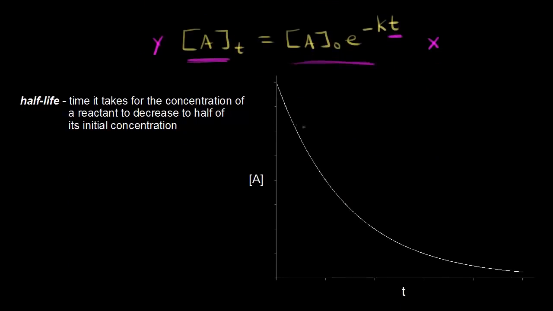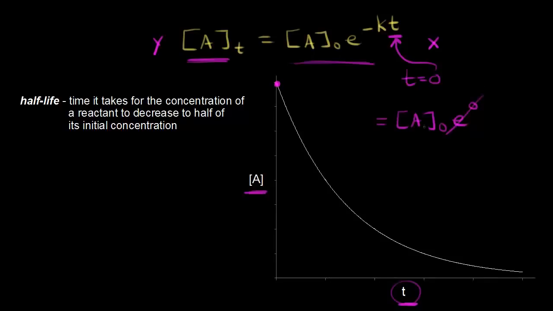Let's think about this point on our graph. That's when time is equal to 0. So when time is equal to 0, what is the concentration? You would just plug in time is equal to 0 into here. So you would have your concentration is equal to the initial concentration times e to the 0. And e to the 0 is of course 1.